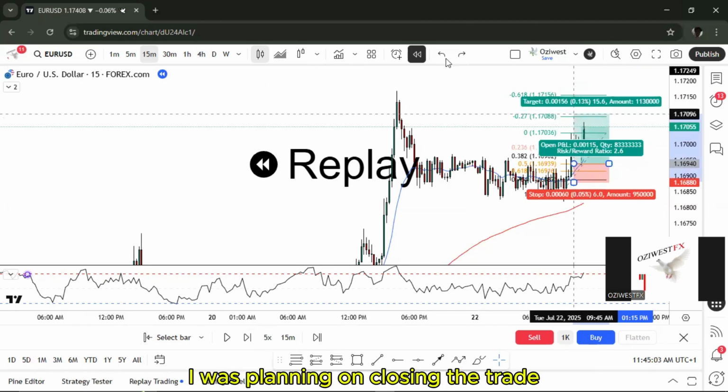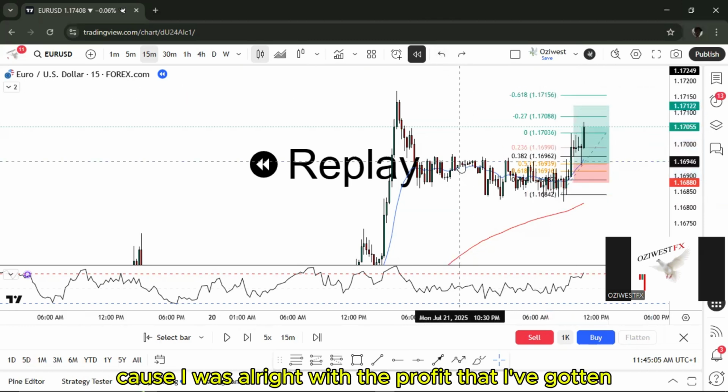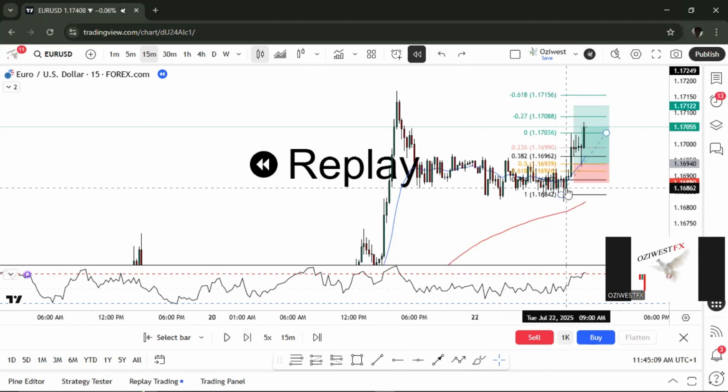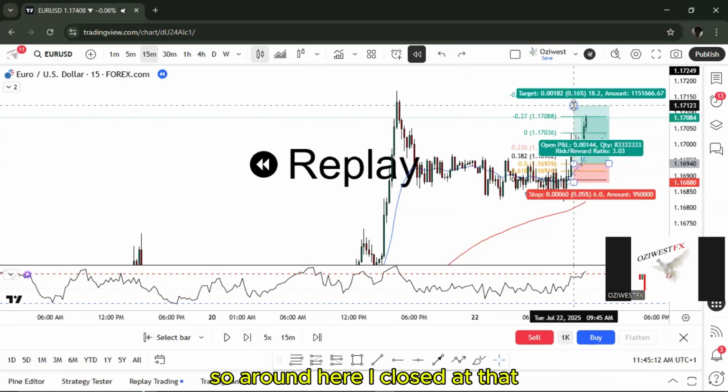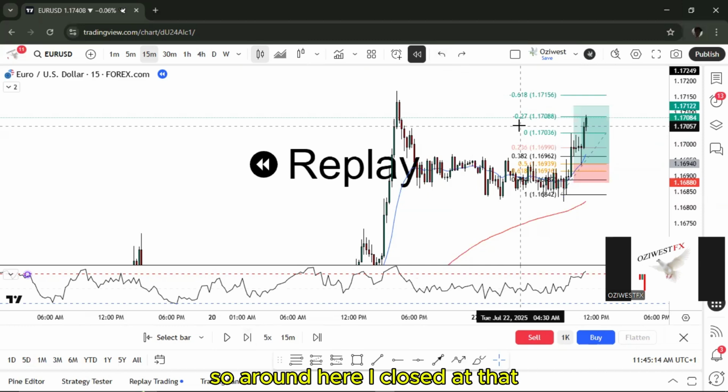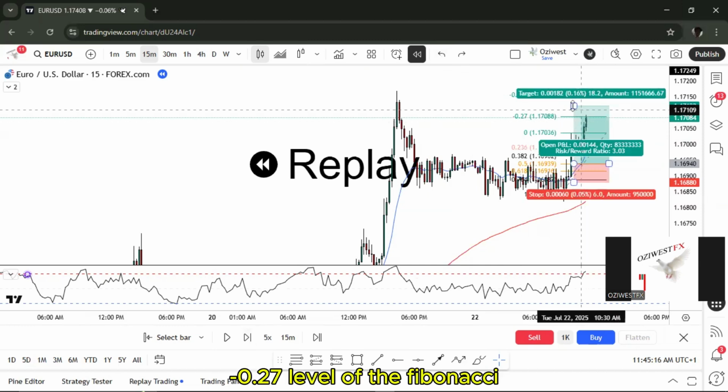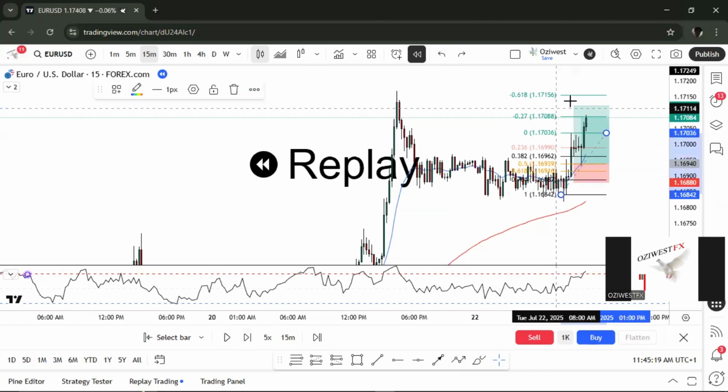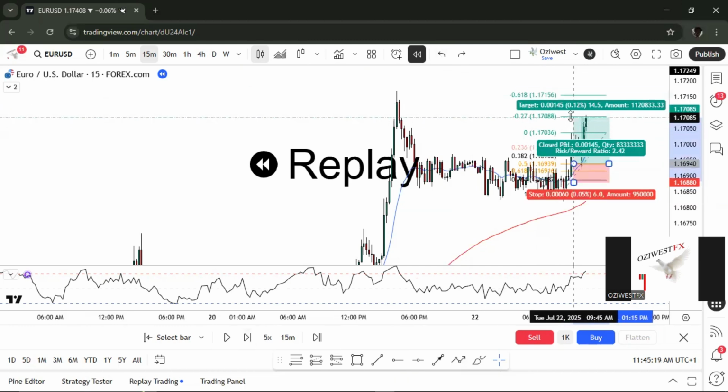At this point, I was planning on closing the trade, but I was alright with the profit that I've gotten. So around here, I closed at that negative 0.27 level of the Fibonacci. That's where I closed the trade.